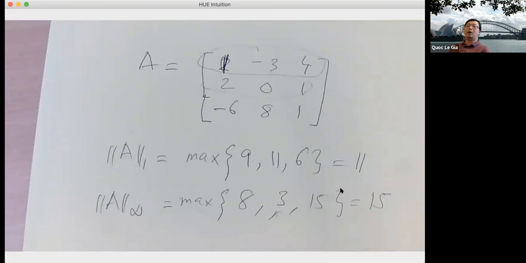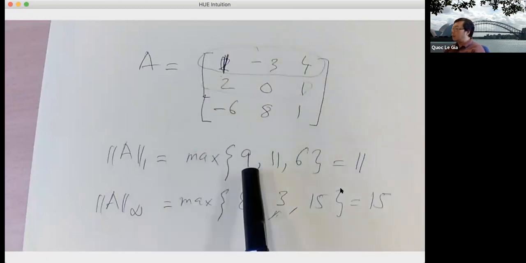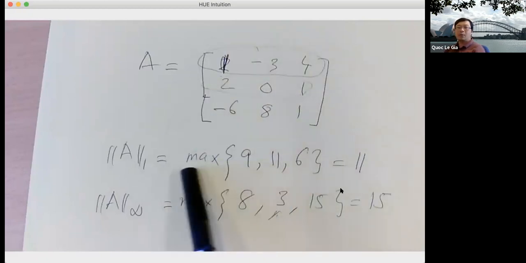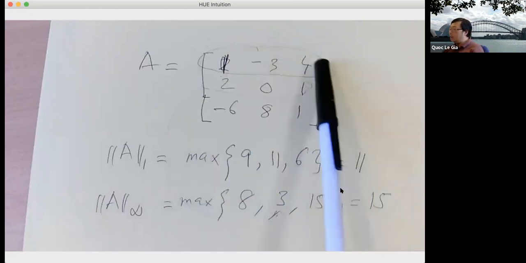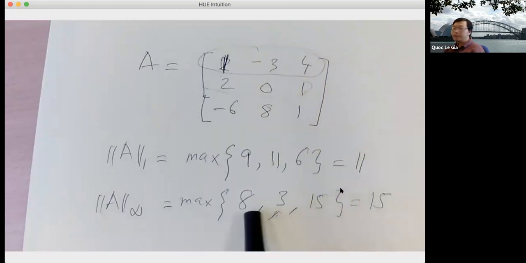Okay, so that is the infinity norm of the matrix. So for the one norm, take the column sums in absolute value, and then take the maximal one. For the infinity norm, you take the rows, take the sums in absolute values, then take the maximal value. Okay.